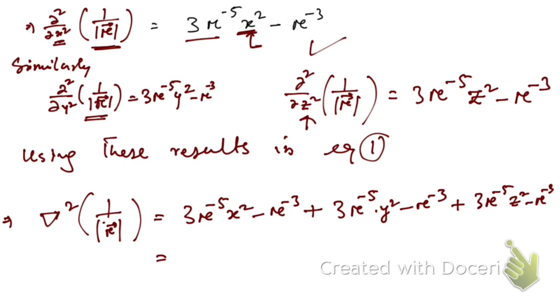So now here you see we can take 3r to the power minus 5 common.